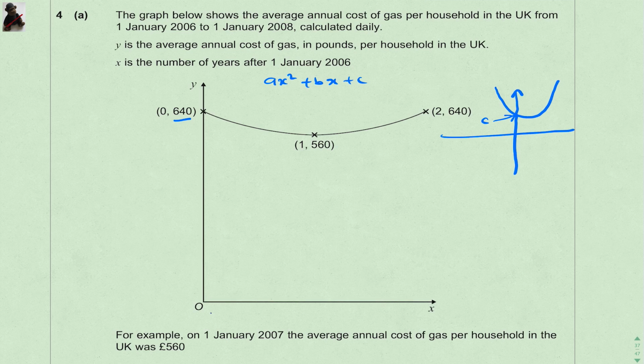So that value here is your c, and y is c, which is 640. At the turning point, the minimum value, you can get your x and y values. Your x at the turning point is 1, and your y at the turning point is 560.